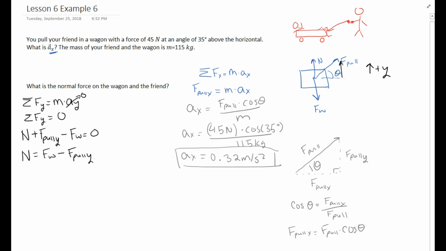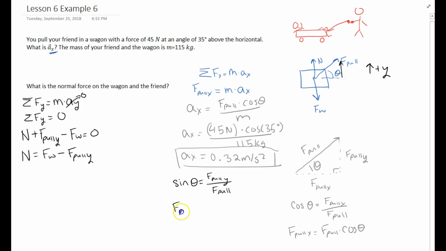Now we need to get some substitution in here. We are going to find F pull y the same way we found F pull x, but it's not my adjacent side anymore. It's going to be my opposite side. So because it's my opposite side, I'm looking at sine of theta is equal to F pull y divided by F pull.